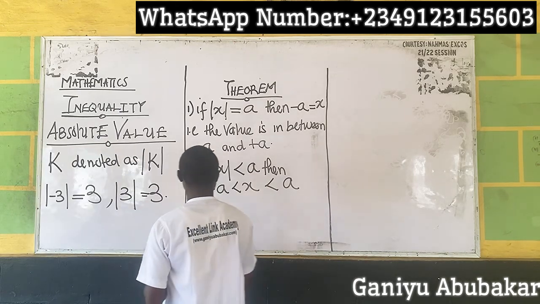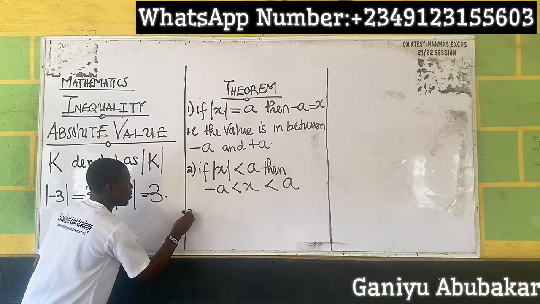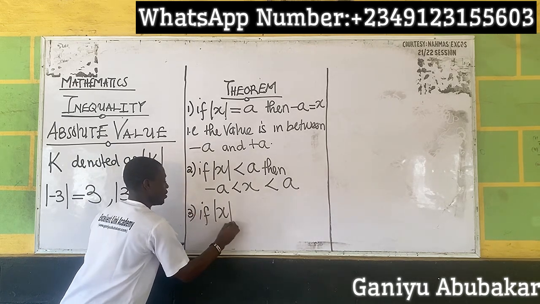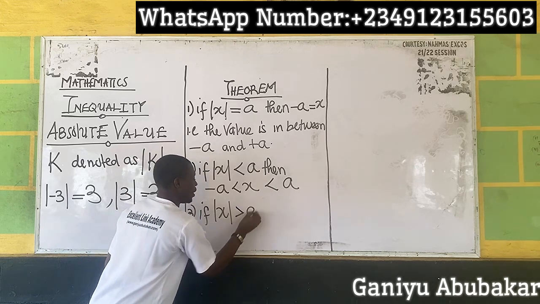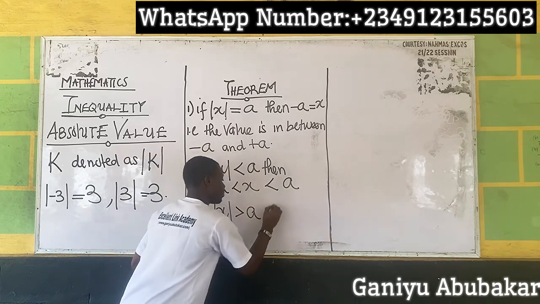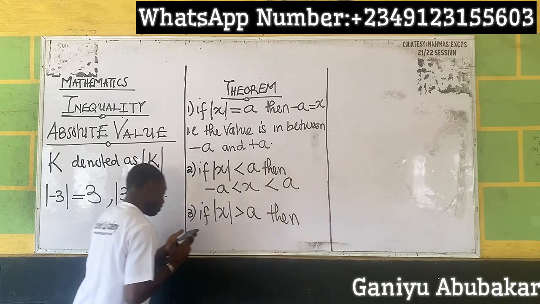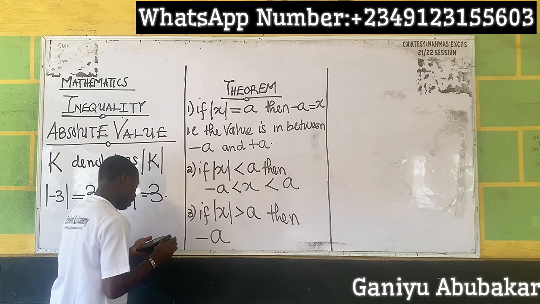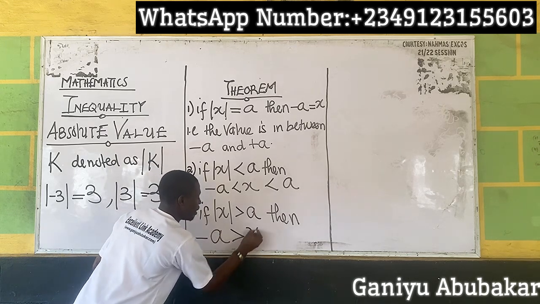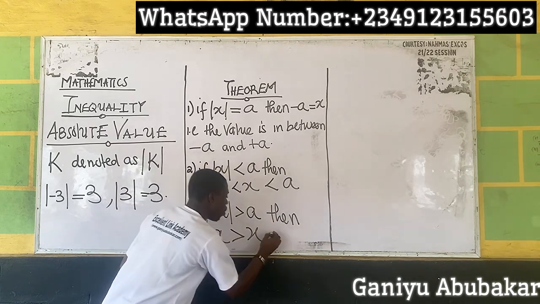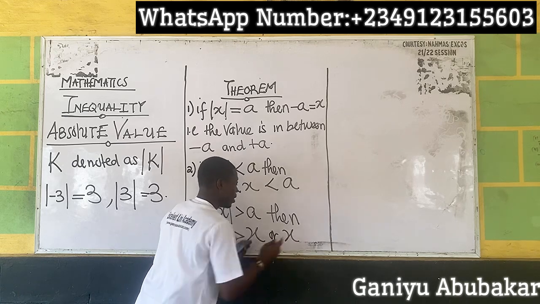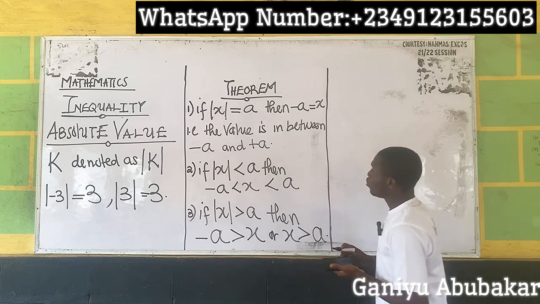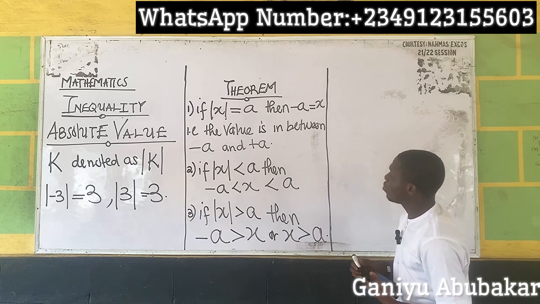The third one says if the absolute value of x is greater than a, then negative a is greater than x, or x is greater than a. These are the basic three theorems we'll be looking at when it comes to absolute value.